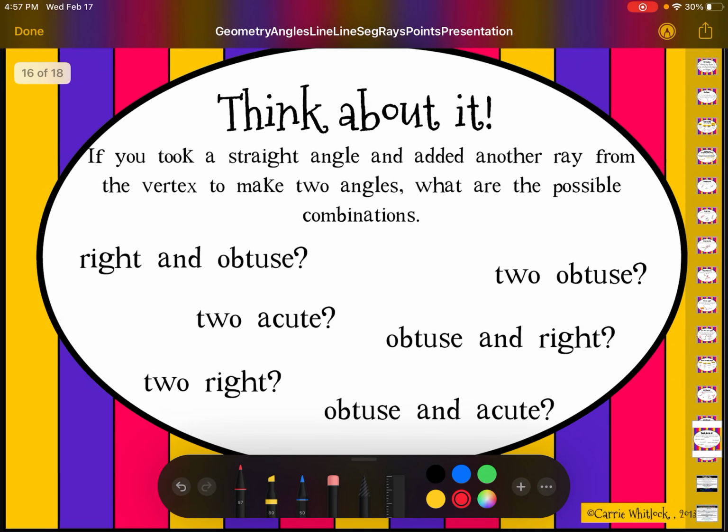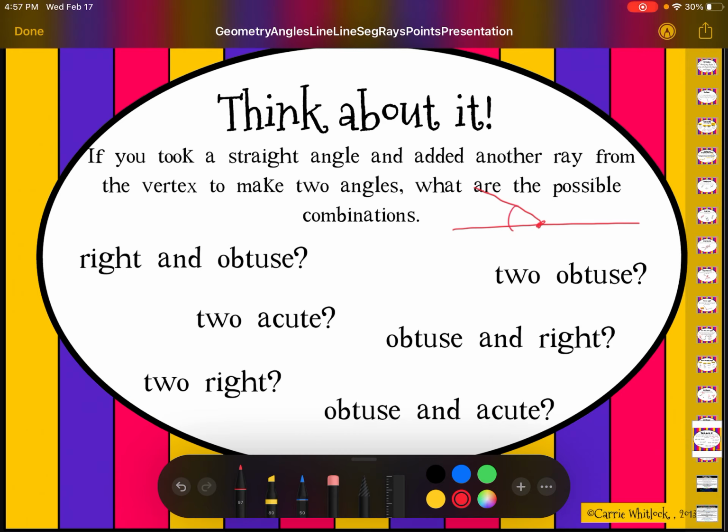All right, if you took a straight line and added another ray from the vertex to make two angles, what are the possible combinations? So let's see. It says take a straight angle, okay? Add another ray from the vertex. Here's my vertex. And let's just say I do that. What do we have?